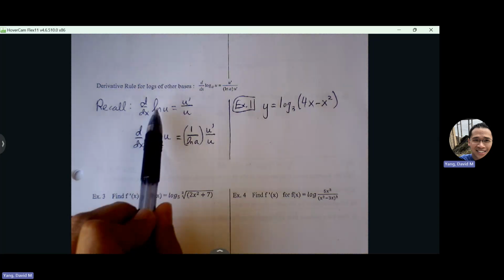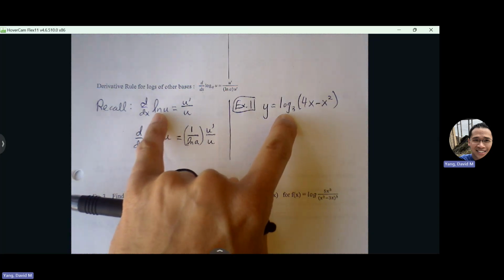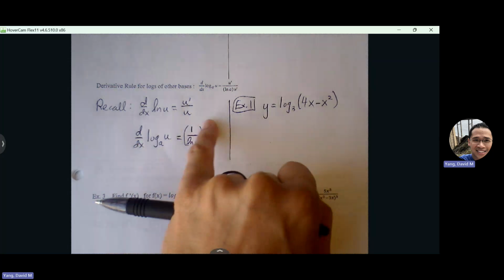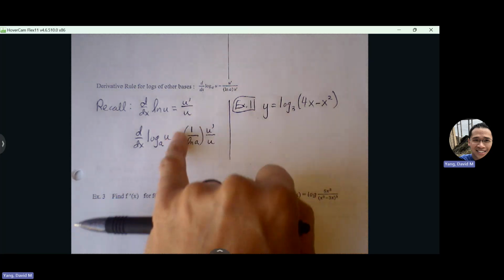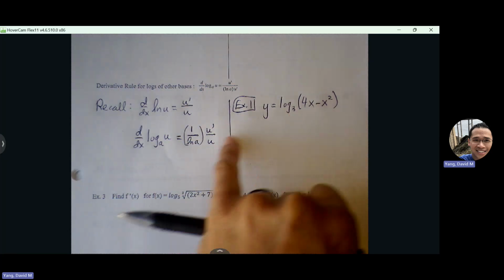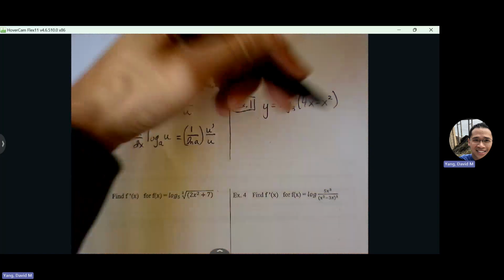This is not natural log, but it's still in the same family. It is still a log function. So the derivative will feel the same. It'll still be u prime over u, but there's going to be this conversion that needs to happen. Your a value is always going to be the base that we're working on. So this is base 3.